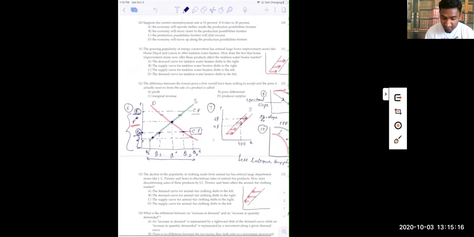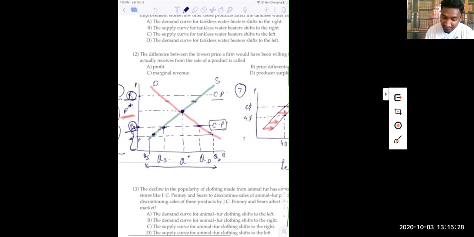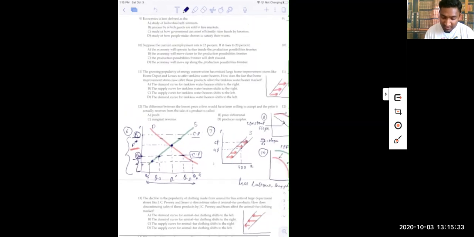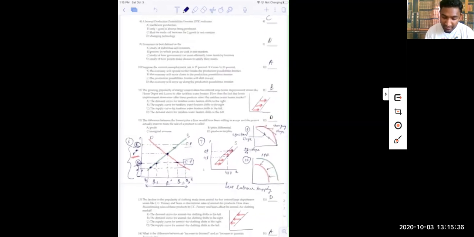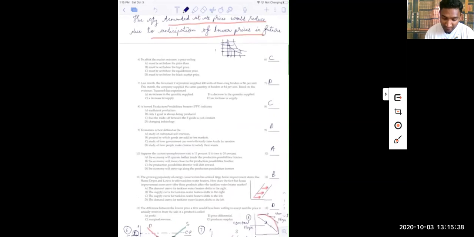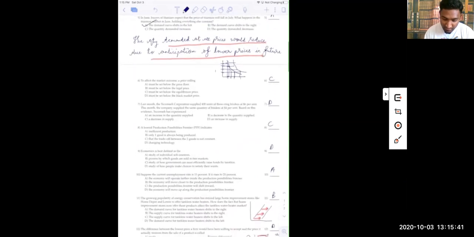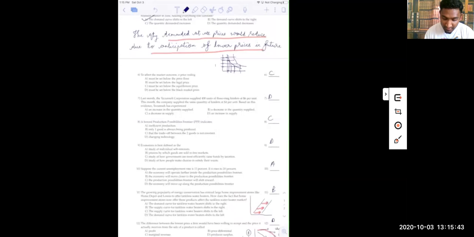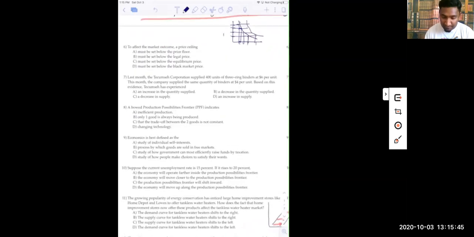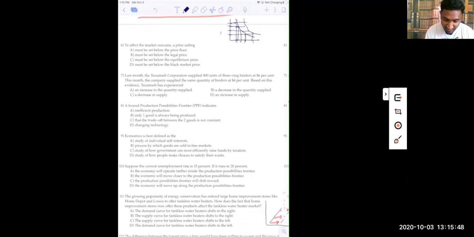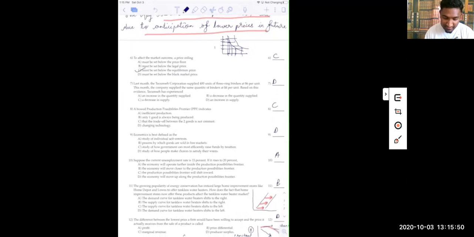The suppliers are not able to raise their price above P2. They'll have to set it somewhere below P2. So if you set the ceiling price below the equilibrium price, that will bring about a visible change, a different market outcome. So the answer is it must be set below the equilibrium price.